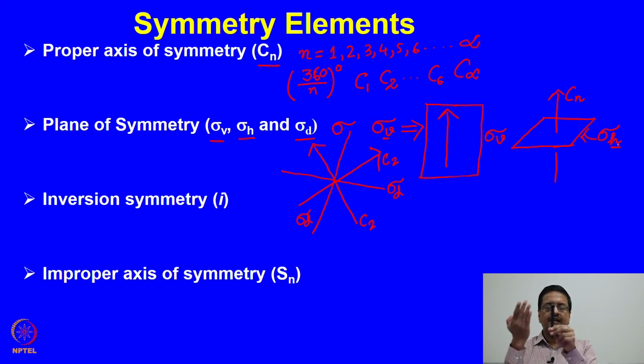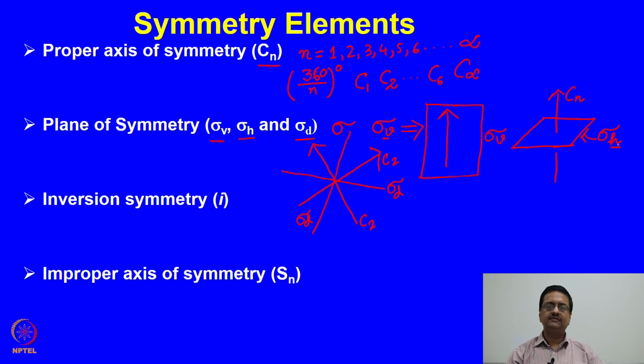The mirror plane that is passing through the principal axis like this is a vertical plane, so we call this vertical plane sigma V. Any plane that is perpendicular to this axis, like that, is the horizontal plane, so we call this plane sigma H. So, sigma H is a plane which is perpendicular to the principal axis and horizontal to the earth surface, and sigma V is a plane which is perpendicular to the earth surface.